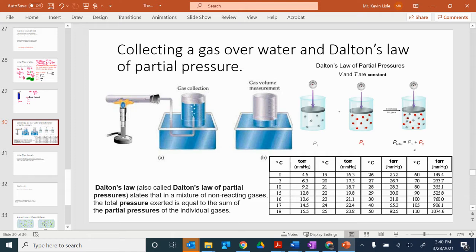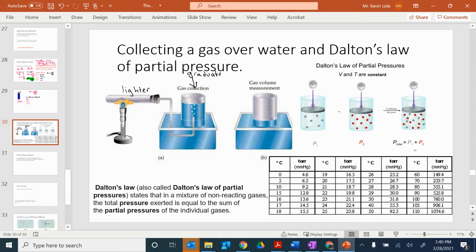This picture is not perfect because it doesn't show our butane lighter, but here's what I want you to imagine. Imagine that this setup right here is our lighter, and we are connecting it to a typical instrument from the lab, like a graduated cylinder, which is used to measure volume.